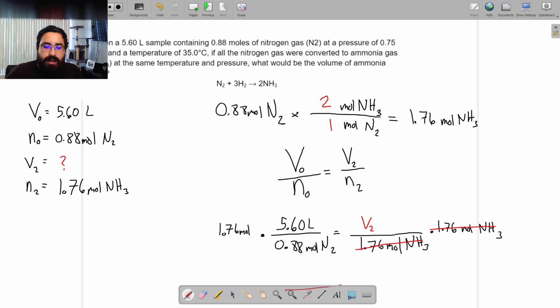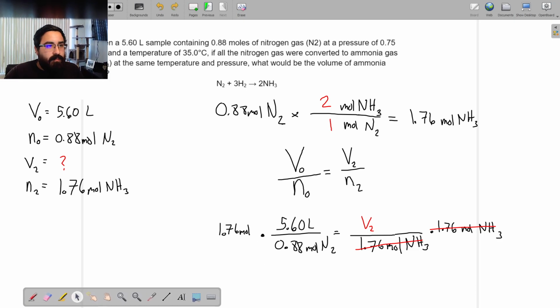So we know that our volume, our V2, is going to equal all this junk on the left. So 1.76 times 5.60 divided by 0.88, and we get 11.2. But since we only had 2 sig figs here, we're only going to use 2 sig figs.